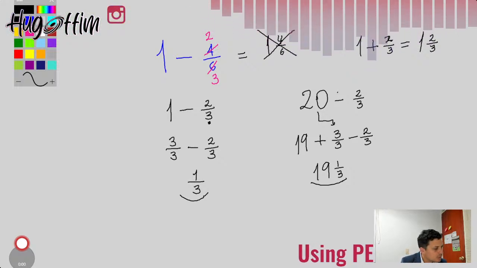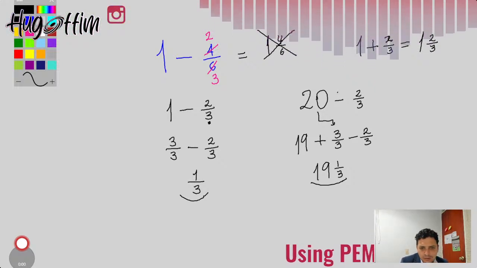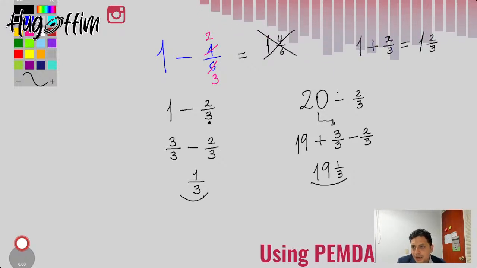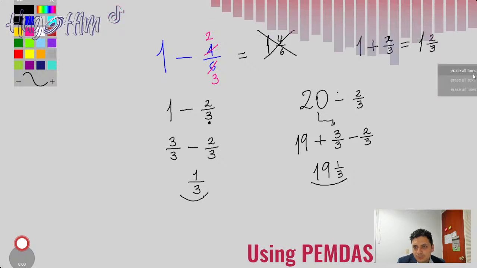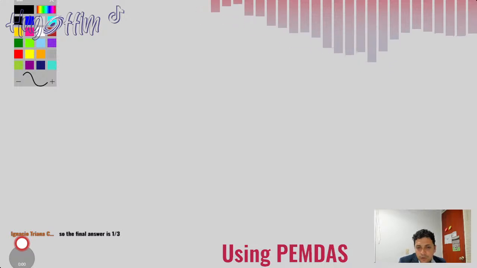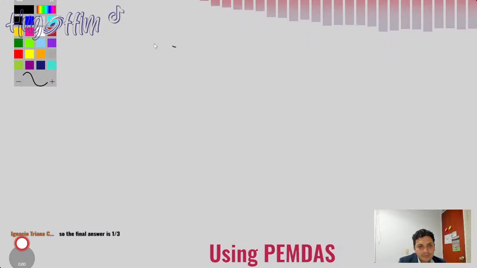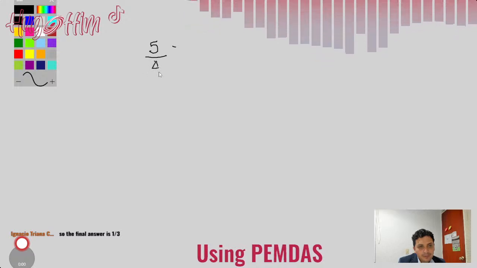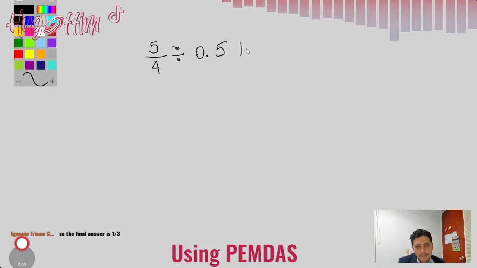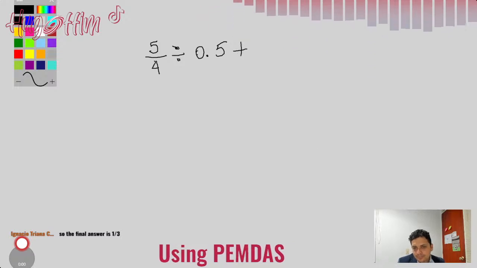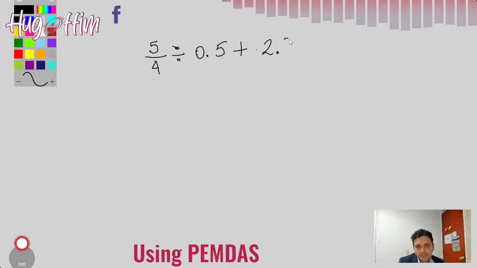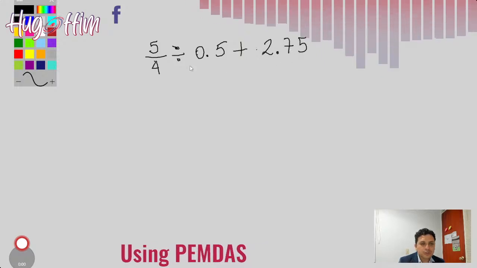Somebody was asking me about division and multiplication of fractions. So I'm going to take, from 0.4, the second part that has multiplication and division of fractions. It says 5 quarters divided by 0.5 plus 2.75.